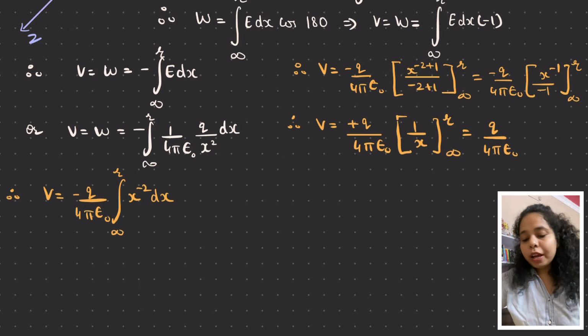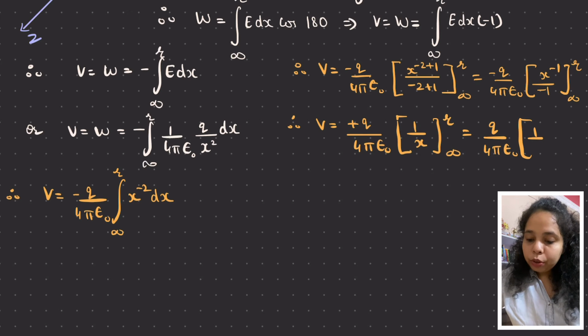Q upon 4 pi epsilon naught 1 upon, we will replace x by the upper limit, that is r. So we will write 1 upon r minus 1 upon, we will replace the x again with the lower limit, that is infinite. Therefore 1 upon infinite.